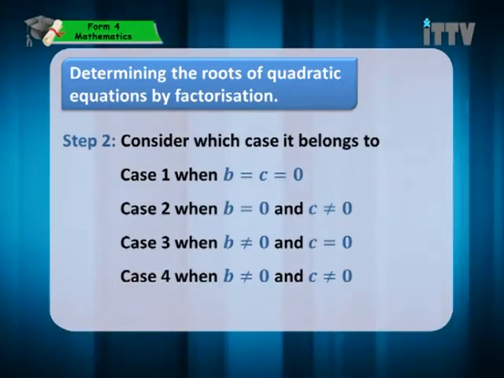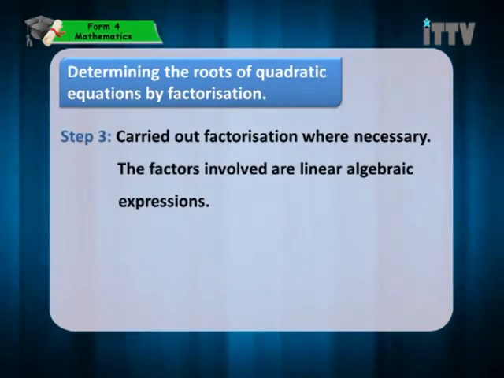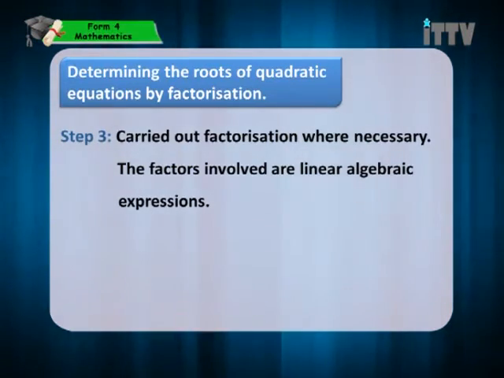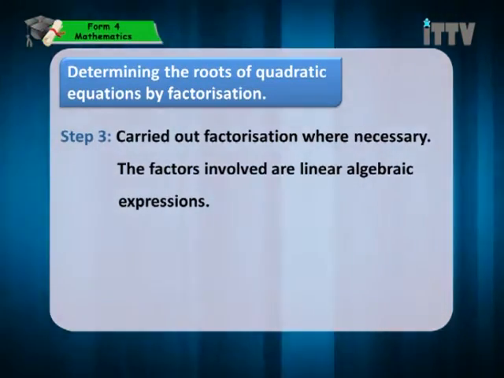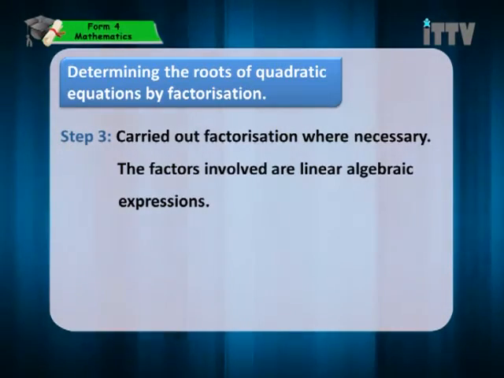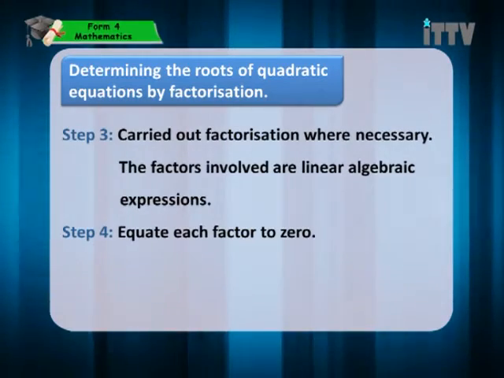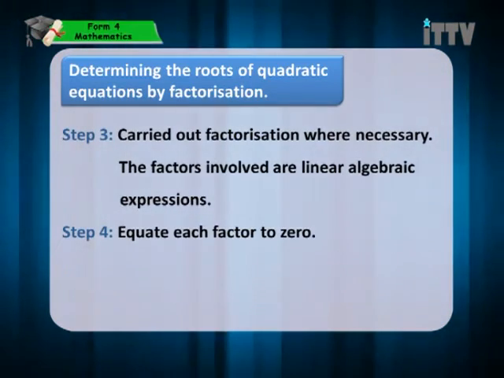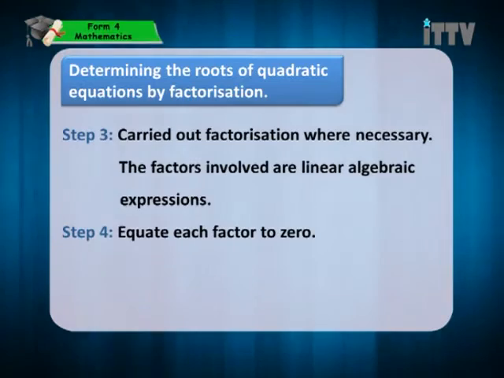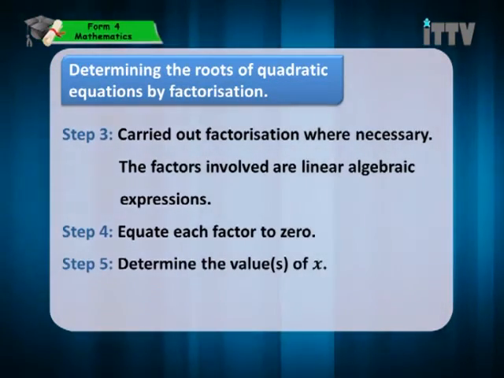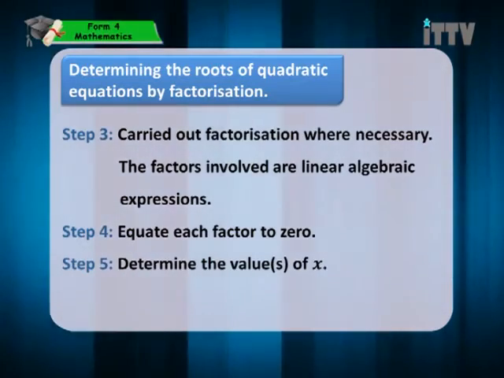Let's look at the next step. In step 3, carry out factorization where necessary. The factors involved are linear algebraic expressions. In step 4, equate each factor to 0, and the final step, step 5, determine the value or values of x.